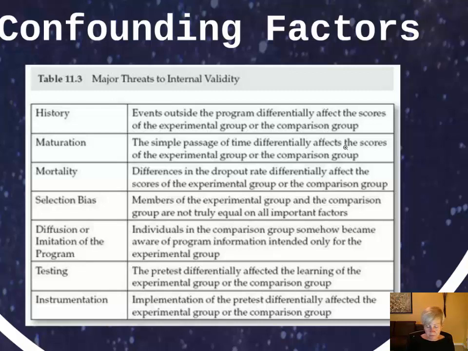And so you're doing this program with the same kids, and you see these astronomical scores and you're like, wow, these are great. And then you also notice really good increases in the comparison group where you weren't giving them the program. Well, you've got history problems there, and you didn't realize that there were these events outside of your control taking place.